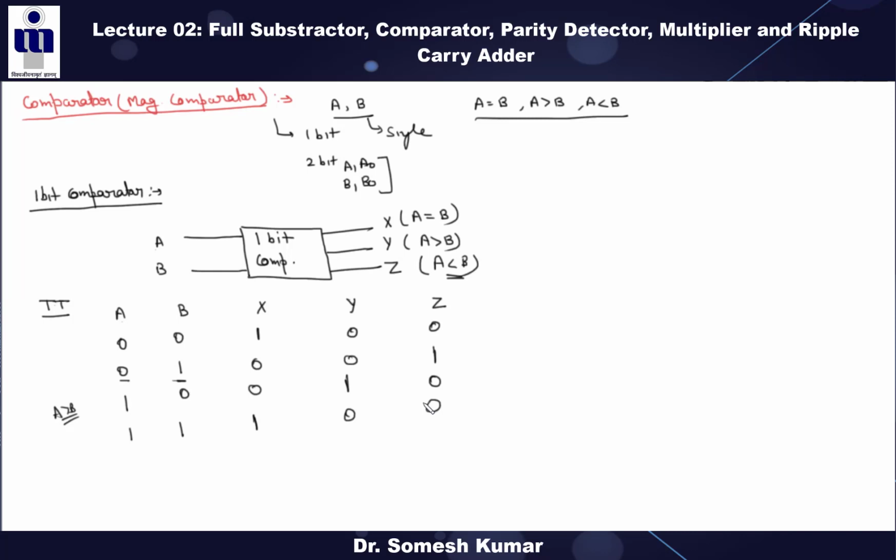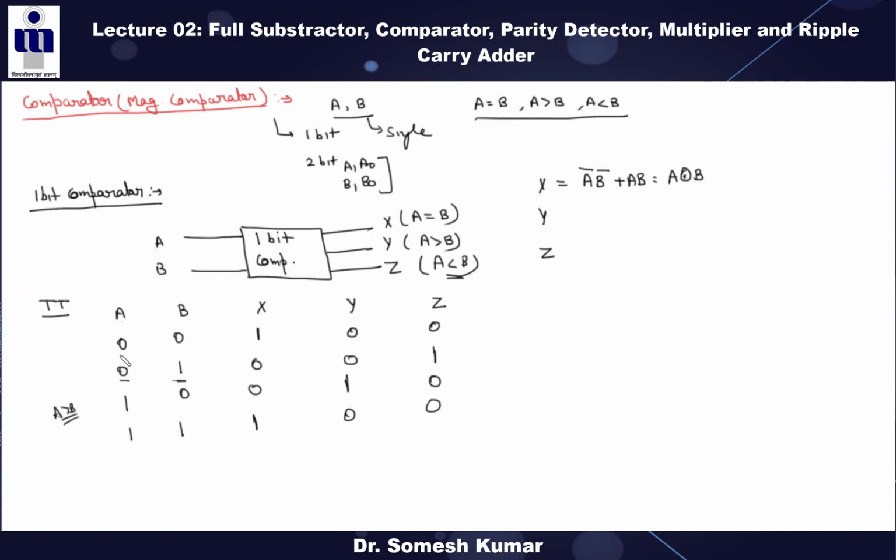Clear? Now in the next step, we have to write out the expressions for X, Y, Z. What is the expression for X? It is clearly seen that when both inputs are the same, the output is 1. This is the condition for which gate? The XNOR gate. We can say A bar B bar plus AB, and this is your XNOR gate.